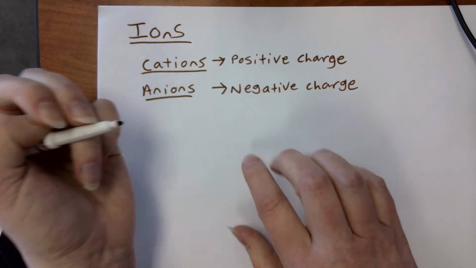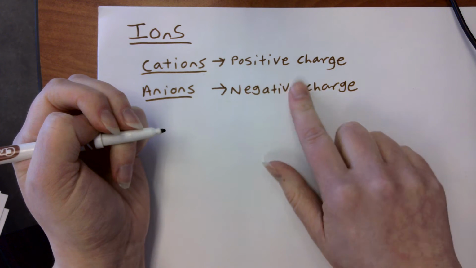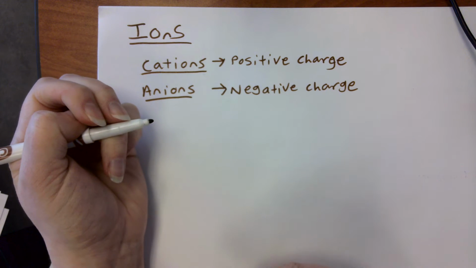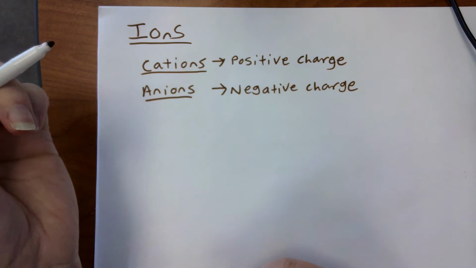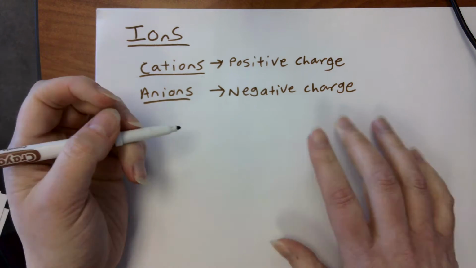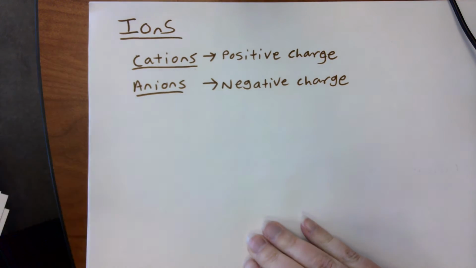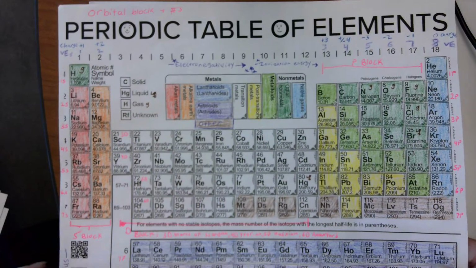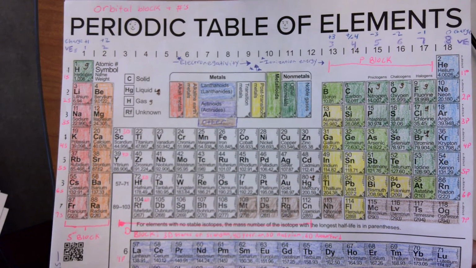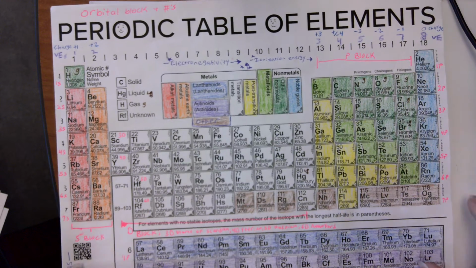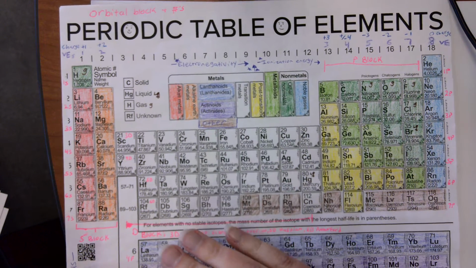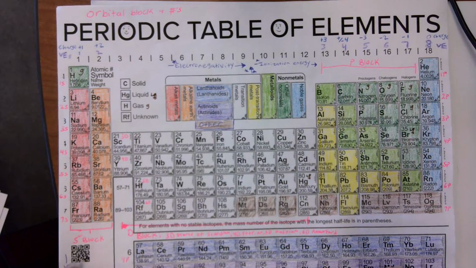Now, what do I mean by positively charged and negatively charged? So ions are just basically any of your elements that are on the periodic table, any of these guys right here. And they become an ion when they take up or lose electrons.